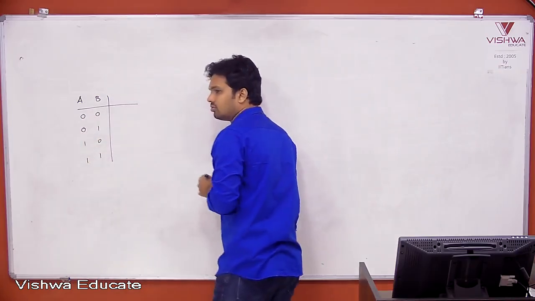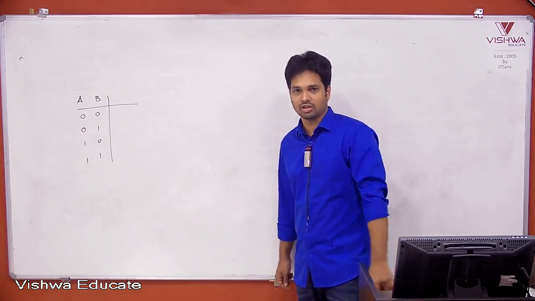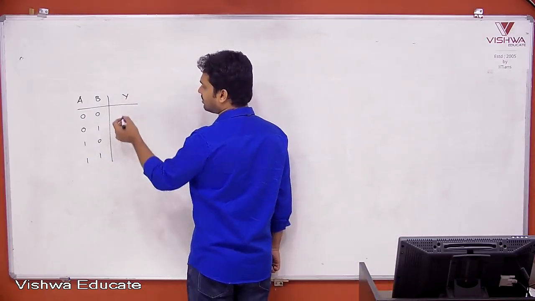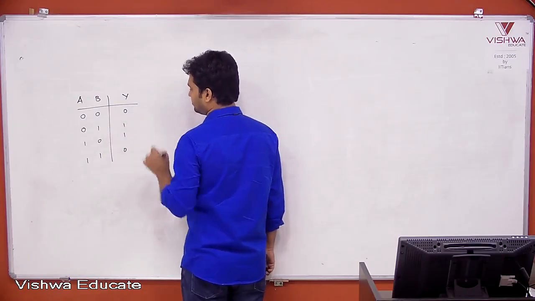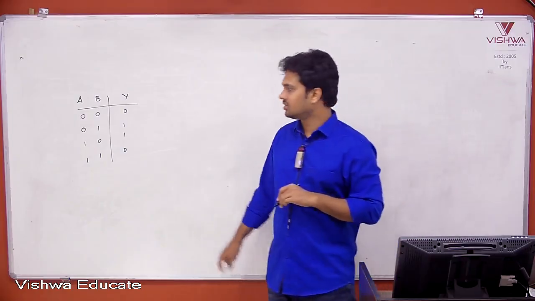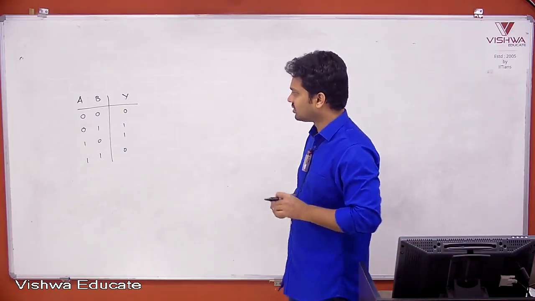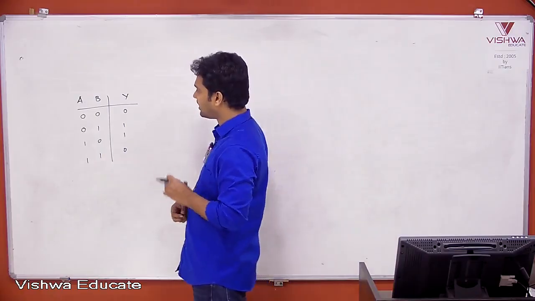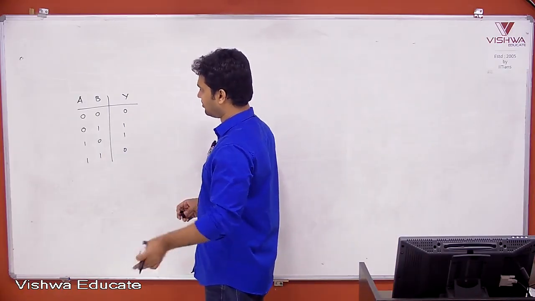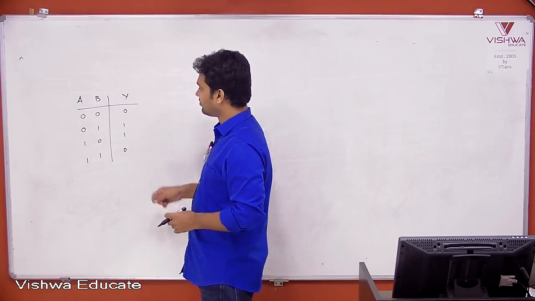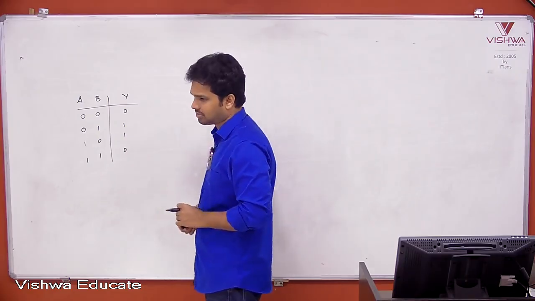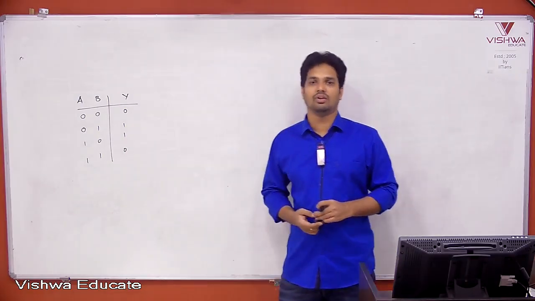When you have two variables, you have four possibilities for the inputs, and output can be anything depending on your requirements. Say for example, it is like this. Then how can I specify my function? If I ask you to define this function, I can define it in two ways. One method you generally say is my output is first time 0, next time 1, next time 1, next time 0.